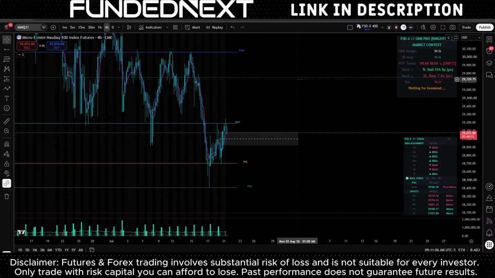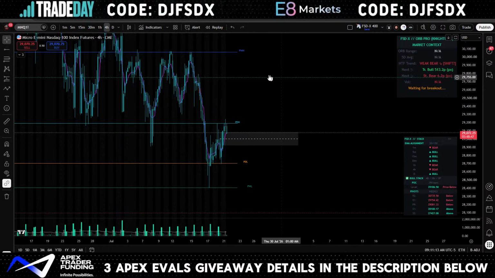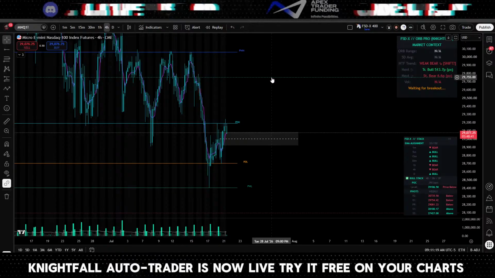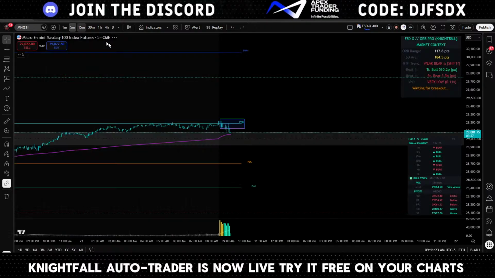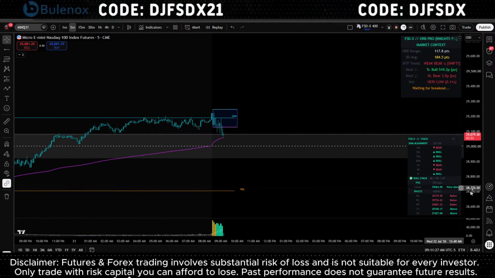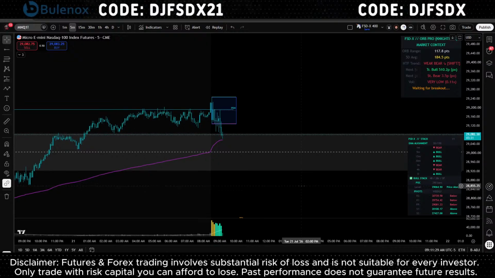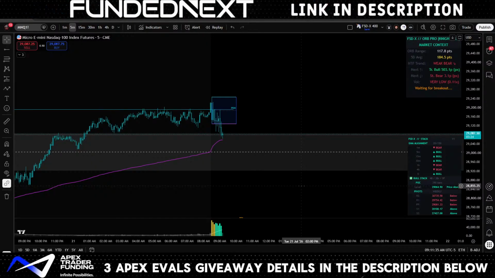Yeah, so that's what I was saying. If we do it ripping up to the top side, this would be the area. This is a support level or your resistance level.